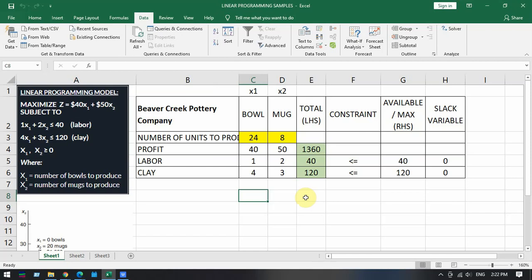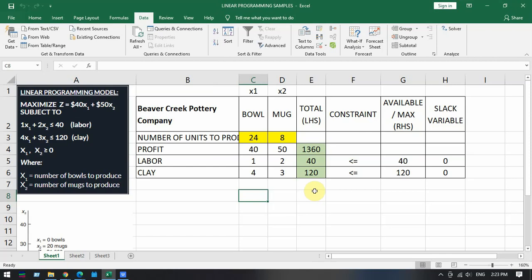So that is the first step. Unfortunately, even if you use solver, we cannot make an automatic graph with solver. So we have to do the graph manually, but in Excel. So it's still a little bit easier rather than drawing on graphing paper.